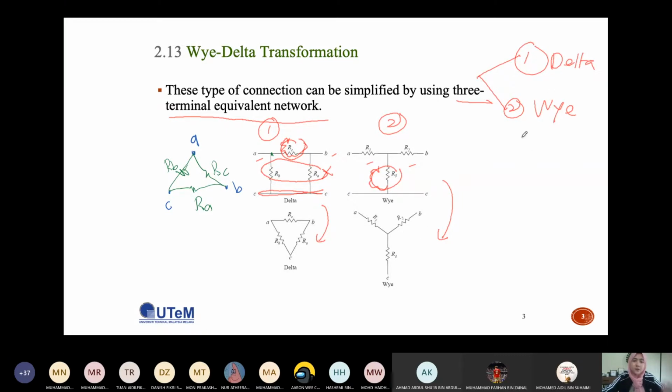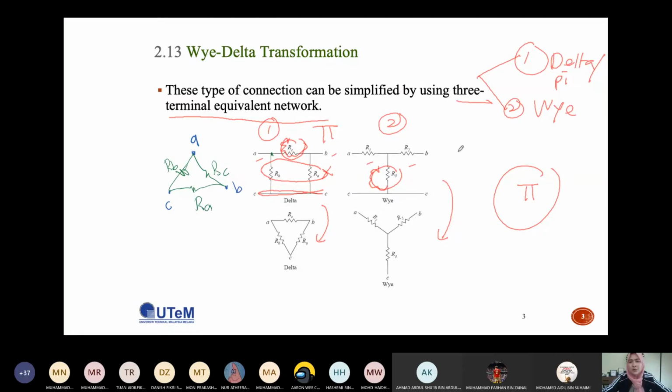Okay. Other than that, we also call this one as the pi network. Pi. You know what is pi? Pi is something like this. This is pi. So if you look at here, this is a pi. So sometimes we call this network as a delta network, and we can also call this as a pi network.